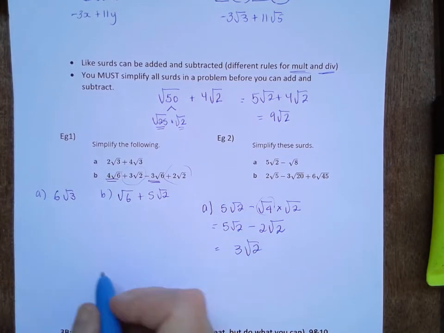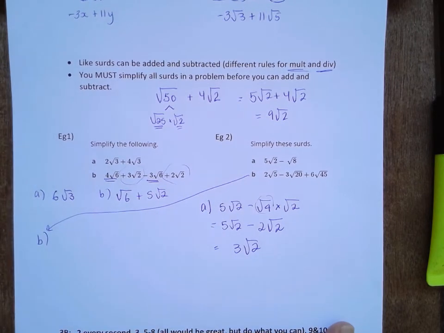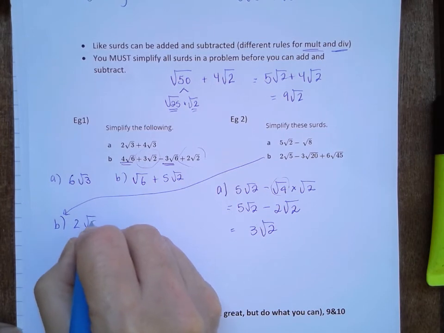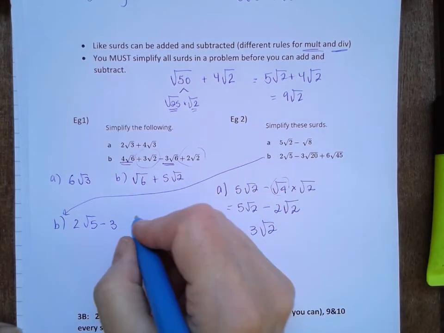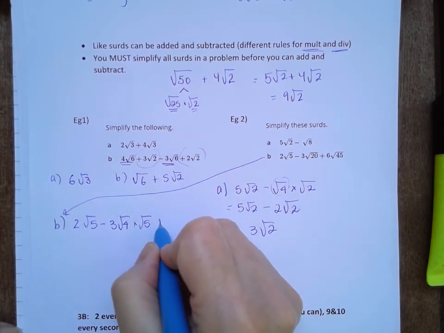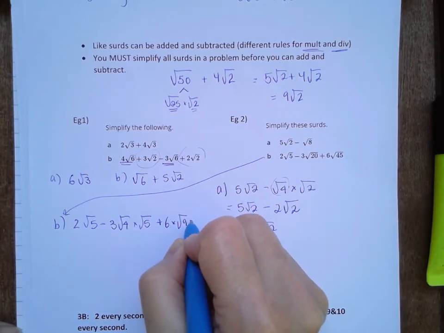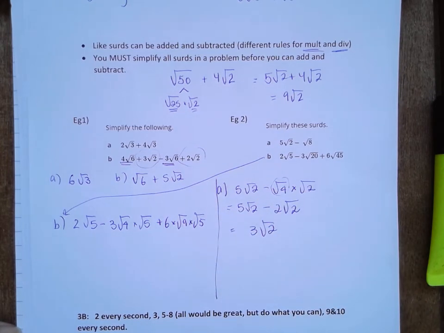Okay, B. I might start B over here. I know it's confusing, but that's my B, so I have enough room. So I go 2 root 5 minus 3, let's see, 20 is root 4 times root 5 plus 6 times root 9 times root 5. Okay.